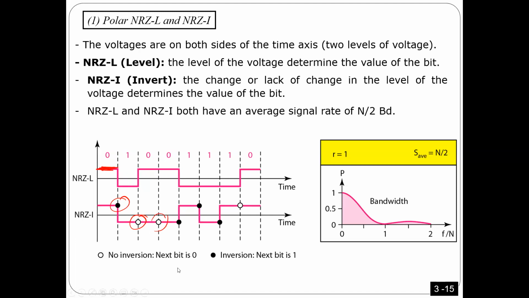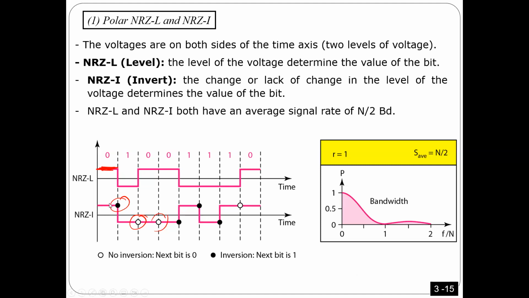If there is no inversion, the next bit is 0, and if there is inversion, it is 1. So now 0 or 1 is not positive voltage or negative voltage. It's related to whether there is inversion or not. If there is an inversion, it means it is 1. If no inversion, it's 0.